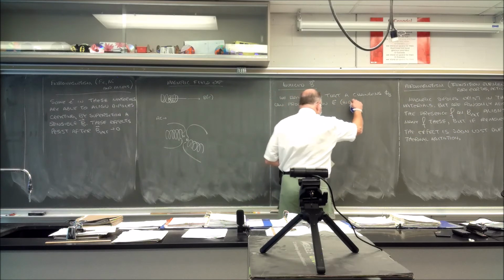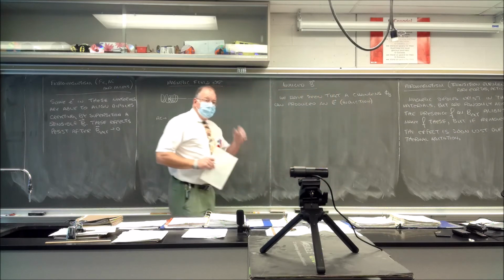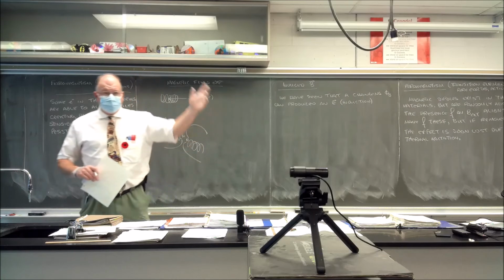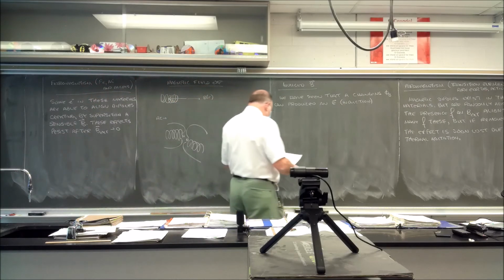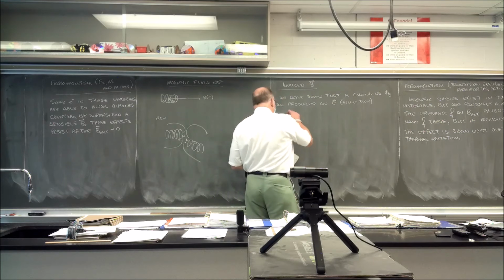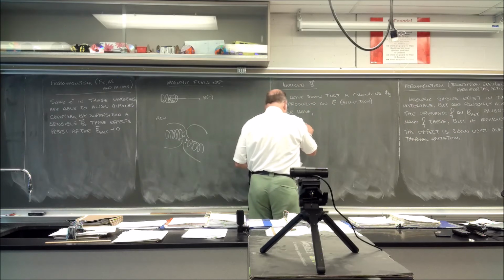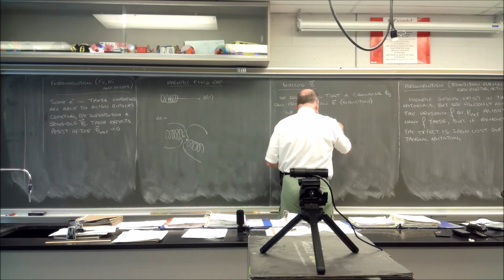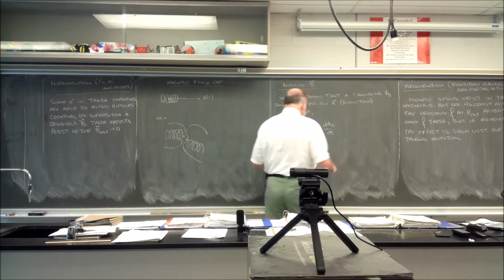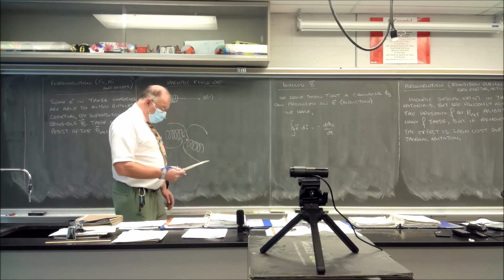Just to remind you of what I thought I covered the last couple of days: changing magnetic flux, and we get an induced current, which of course means there has to be an electric field there. So far, we have the loop integral of E dot ds is equal to negative dΦ_B/dt. This is Faraday's law with Maxwell's addition to it, but Maxwell's not finished yet.